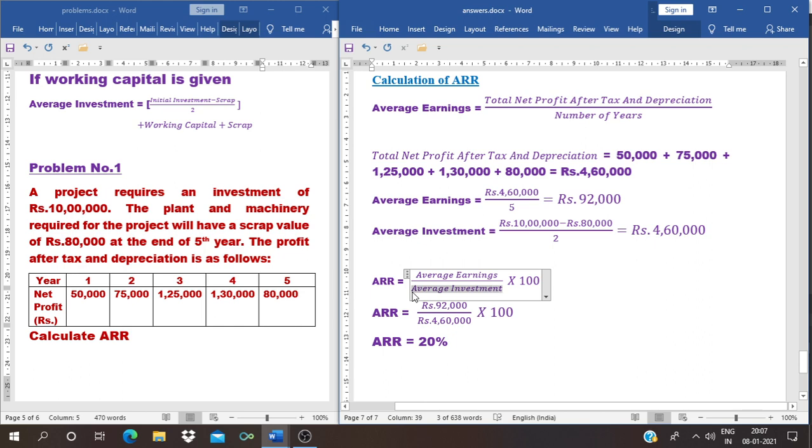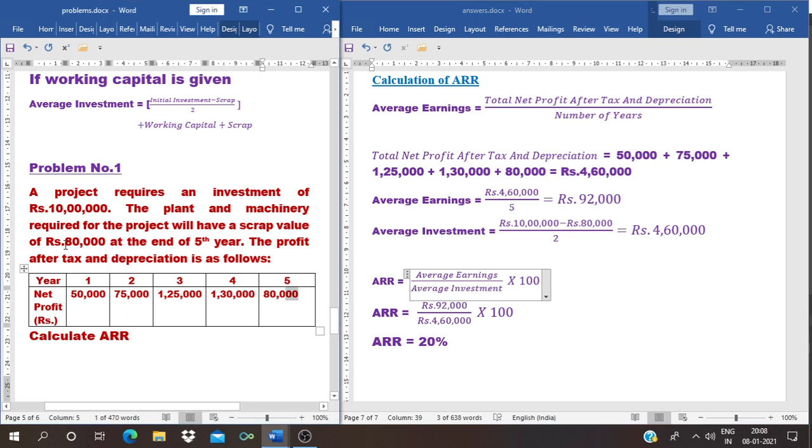After calculating average earnings, we need average investment. Now we are going to calculate the average investment. The formula is initial investment minus scrap divided by 2. Here, initial investment is given in the problem as 10 lakhs, minus scrap value, also given, 80,000, divided by 2.